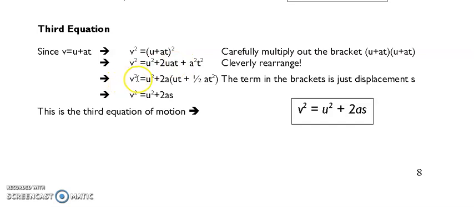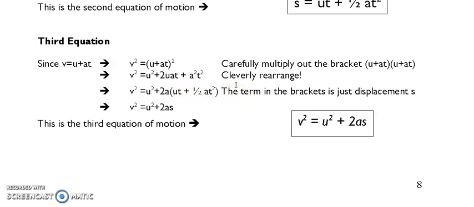So if we rearrange that equation slightly, we get v squared equals u squared, just this first bit here. And then for the last part, if we take 2a out as a common factor, we're left with ut from this term, and then a half at squared from this term here. So v squared equals u squared plus 2a (ut plus a half at squared).